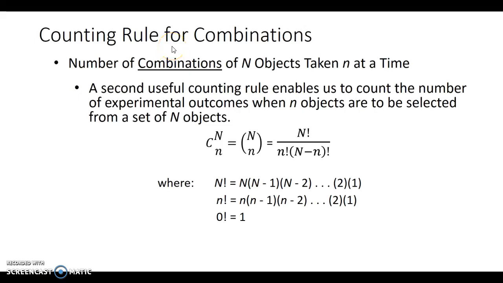Now, another rule that we have, or counting rule for probabilities, is what we call a combination. The number of combinations of n objects taken n at a time. Big N is the total number of objects we're picking from.